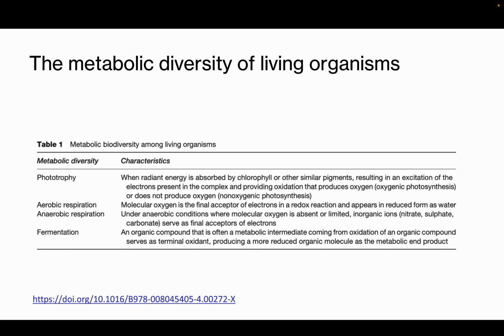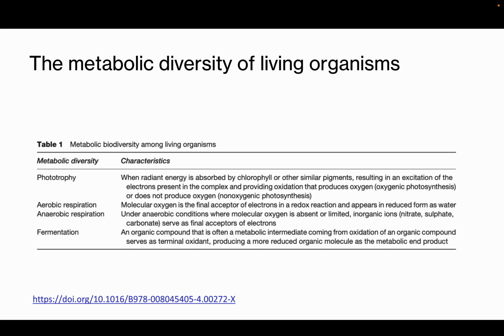So we have phototrophic living organisms that are known to be able to absorb radiant energy, light energy, via specific pigments that will result in the excitation of electrons present in enzyme complexes, and that event will provide oxidation power, producing oxygen in the case of oxygenic photosynthesis, or not producing it at all in the case of non-oxygenic photosynthesis.